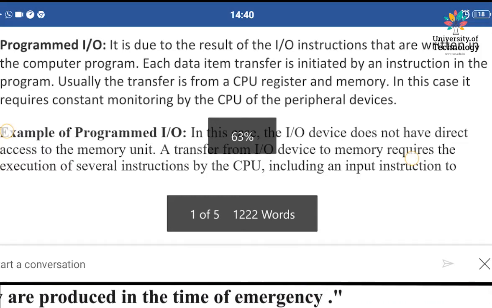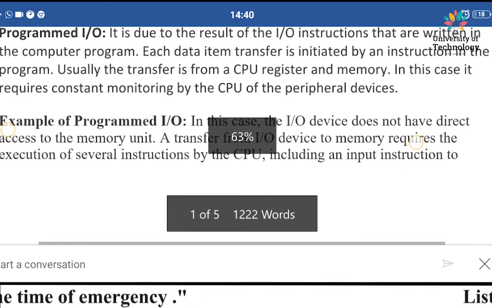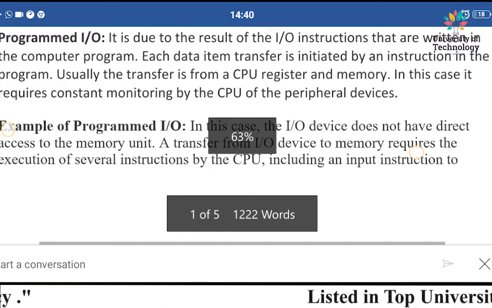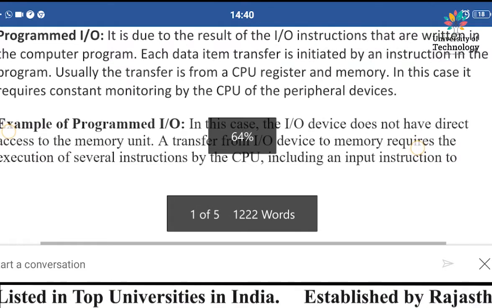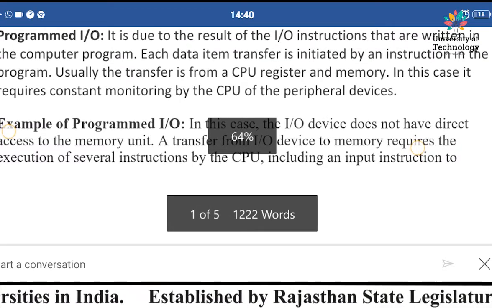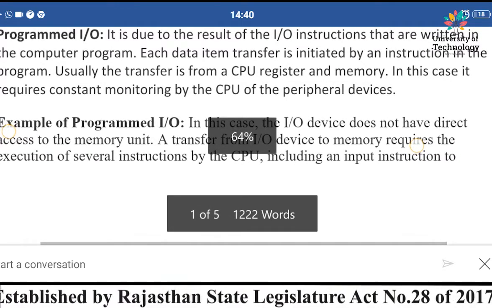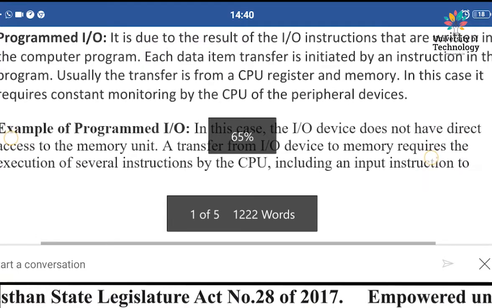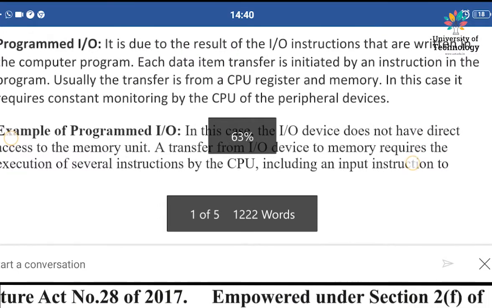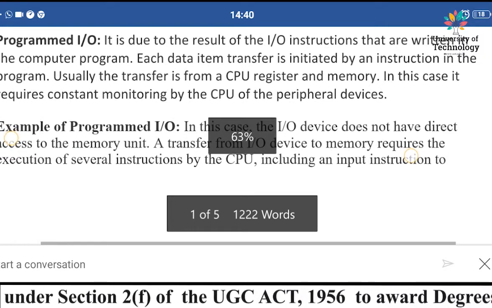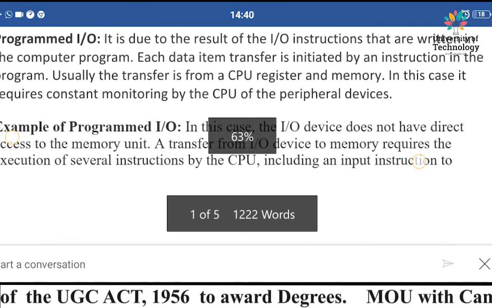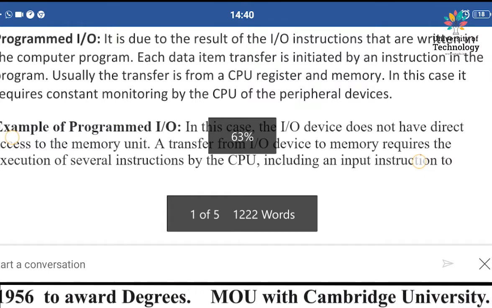So each data item transfer is initiated by an instruction in the program. So what is the mode of initiation of data transfer? It is the instruction. So actually the instruction is doing the job of transferring, or initiating the program.